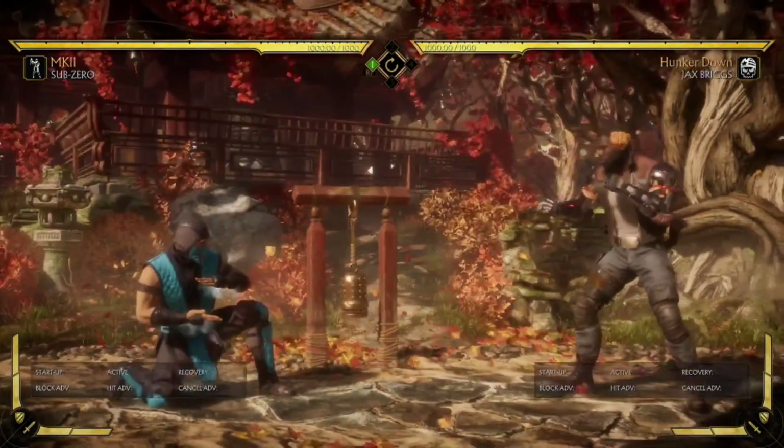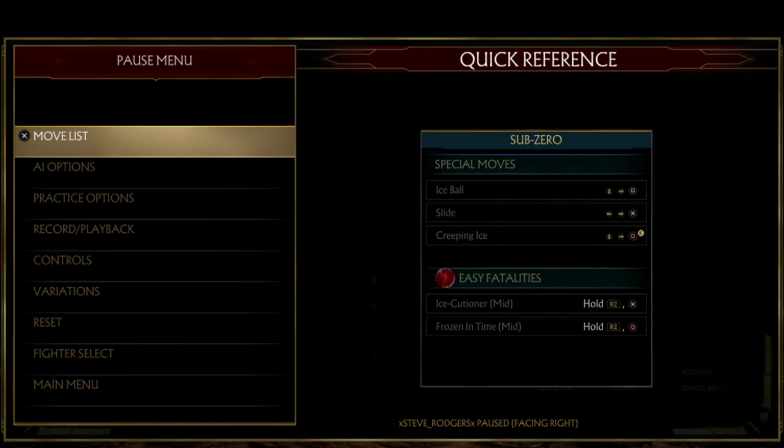This is not the same as data on block. Data on block means once you have blocked the attack, the opponent cannot move, strike, or guard for that exact amount of frames. Recovery frames take into consideration the entire animation of the move.